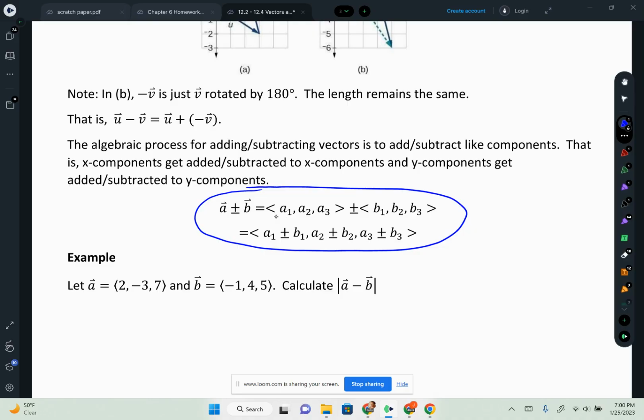What we do is we write out our vectors, say it's A plus or minus B. We're going to write out A with its components plus or minus B with its components. And to actually perform that addition or subtraction, we take the first components, those are always our x components, and we add or subtract them. Then we take our second components, the y components, and add or subtract them. Then we take the z components, the a3 and the b3, and add or subtract them. That result is our resultant vector.